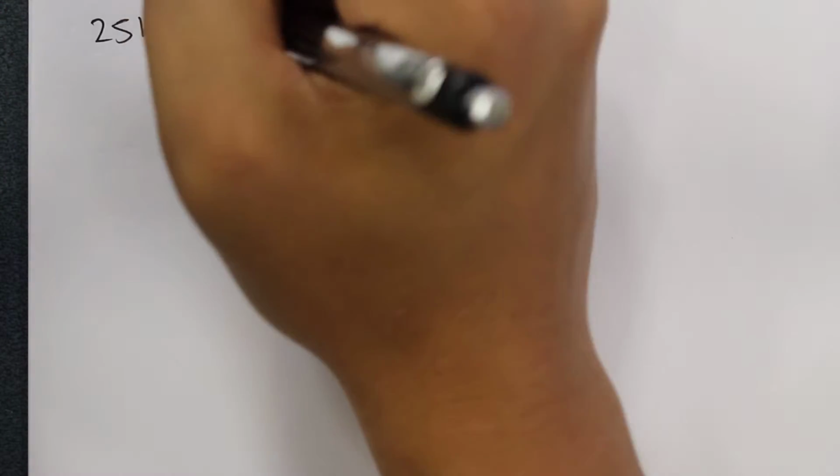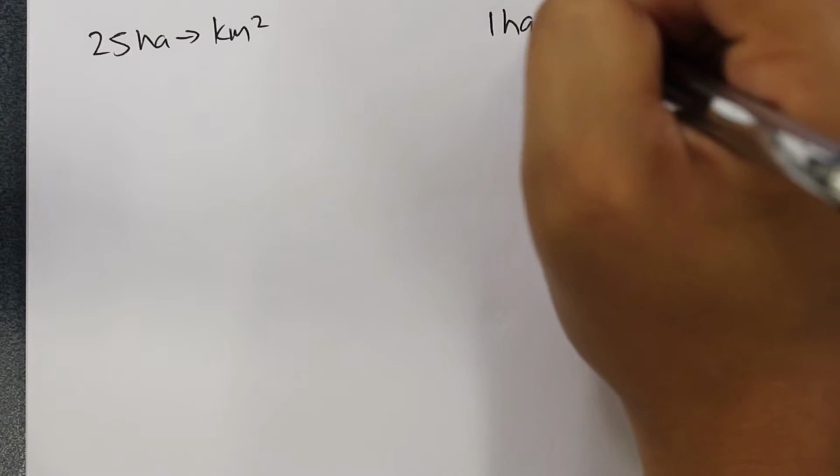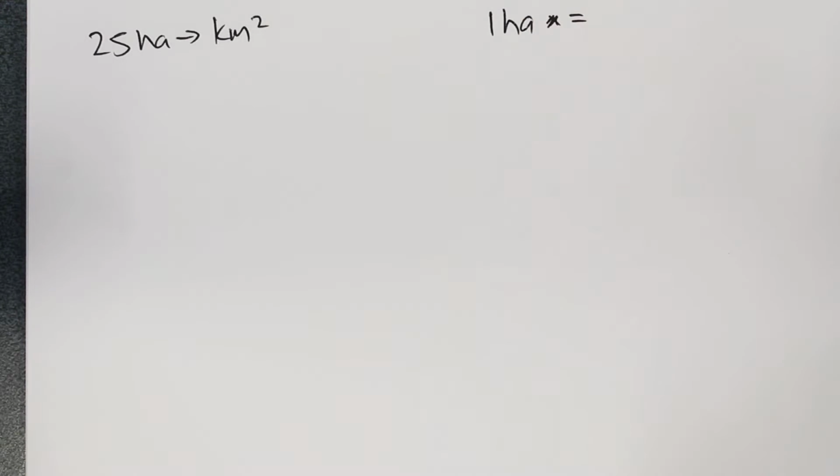Alright, so the question is 25 hectares into kilometers squared. The thing that we need to know here is the conversion between hectares and kilometers squared. A hectare is made up of a square which is 100 meters by 100 meters.